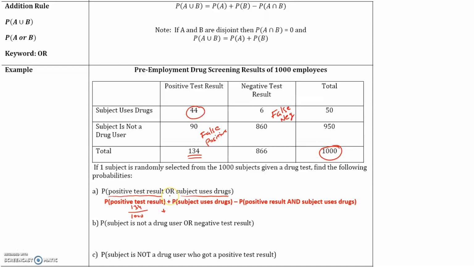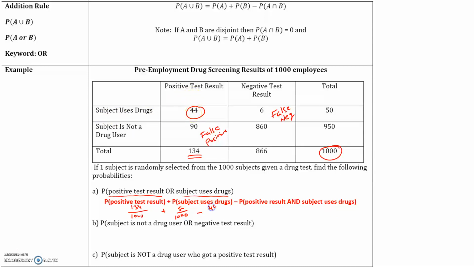Now, because we're using OR, we have to add the probability of the second event, which is subject uses drugs. So how many subjects use drugs? 50 subjects use drugs. And what's the total? 1,000. That's 50 over 1,000. Minus the probability that the subject got a positive test result and the subject uses drugs. So the subject uses drugs and got a positive test result. There are 44 such subjects.